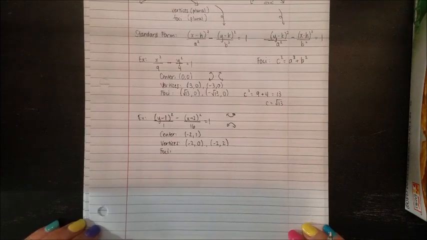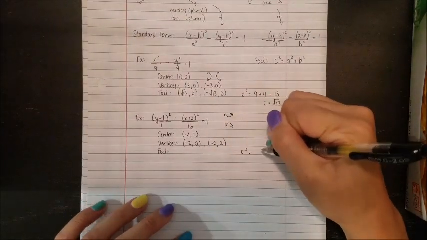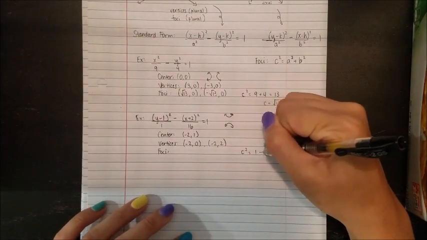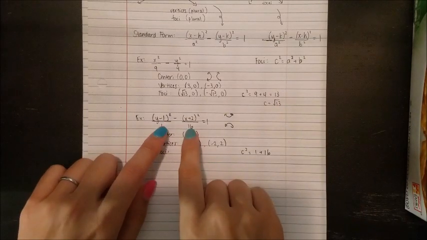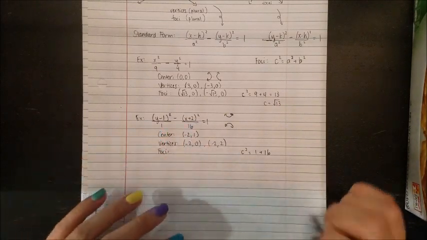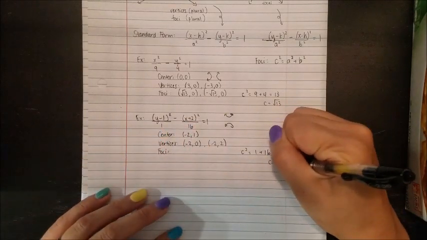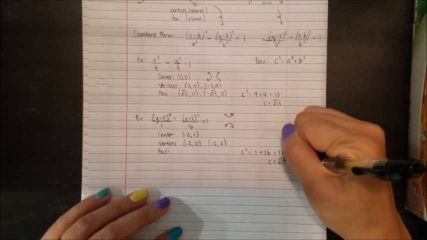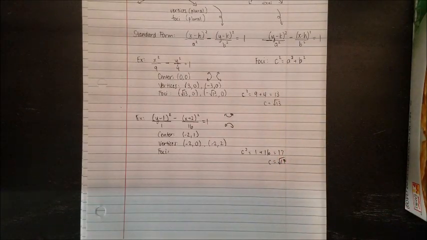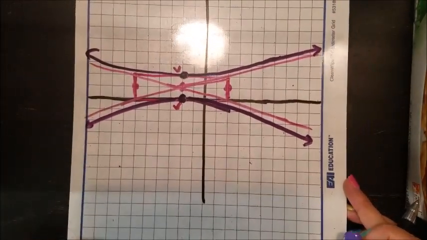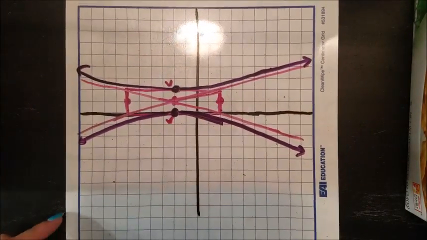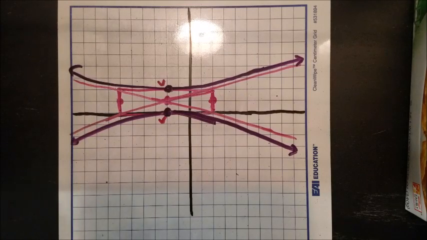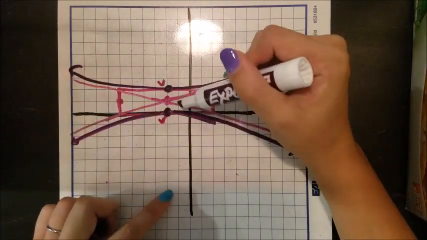Okay, last thing, foci. We have our formula, c squared equals 1 plus 16. Just those two bottom numbers, a squared plus b squared. That gives me 17, so c equals the square root of 17, which is like 4 point something. So in my graph here, that means from my center, I'm going to move 4 and a little bit.